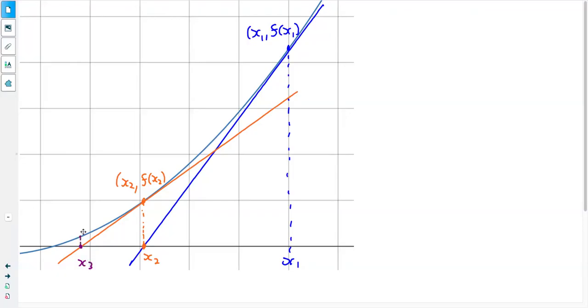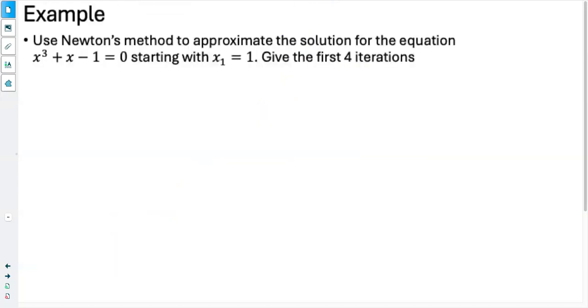If we go up, its location is x3, f of x3. And we'll once again draw in a tangent line. You'll find every single time we do this, we're getting closer and closer to the actual x-intercept. By the time we do this 5 or 6 times, we are usually very, very close to that x-intercept. So we'll do an example where we use this.